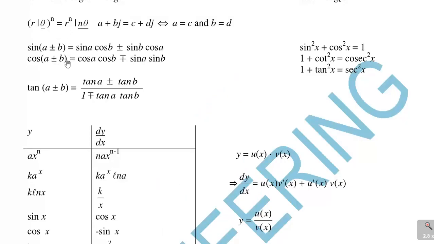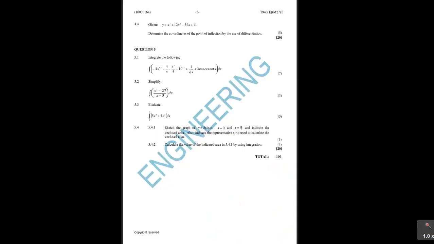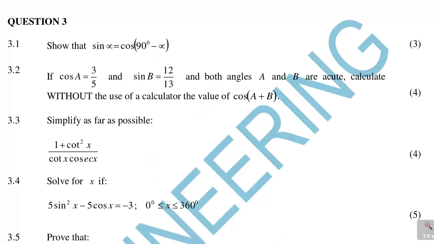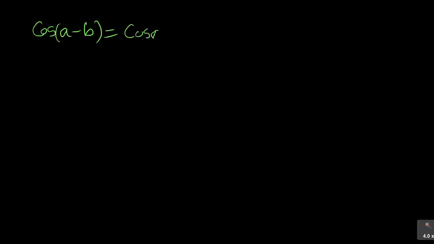So it's cos(A minus B), which is cos A cos B, and then if it's minus, you actually go for plus sin A sin B. Let me first write down that identity. It says cos(A minus B) is equal to cos A cos B plus sin A sin B.